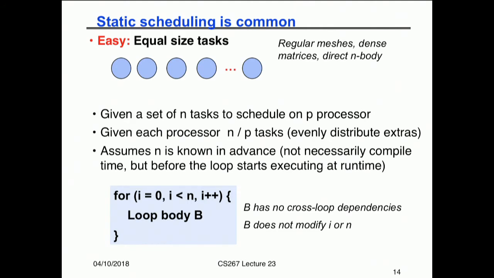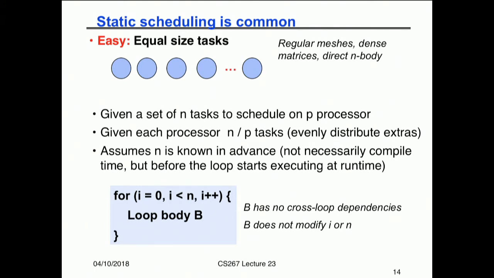So if n is known in advance, and by the way, there's a bunch of literature I'll talk about here on compilers trying to figure out how to automatically schedule and load balance loops. A compiler that knew the value n as a constant can actually divide things up at compile time. But normally, it will have to generate some code that will figure that out at runtime.